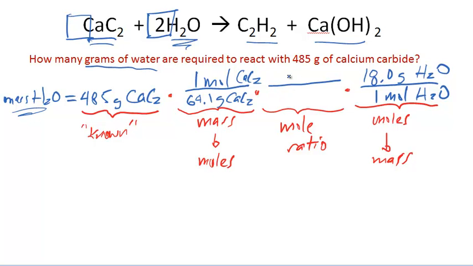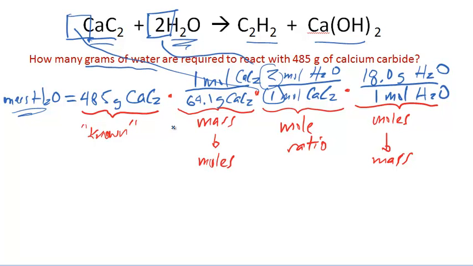So now that we're ready to set up the mole ratio, we're trying to find out how much water. So the water is going to go on top, 2 moles of water over 1 mole of calcium carbide. All right. So it's this middle conversion factor where you must take the numbers from the coefficients, but the first and third conversion factors are always 1 mole.